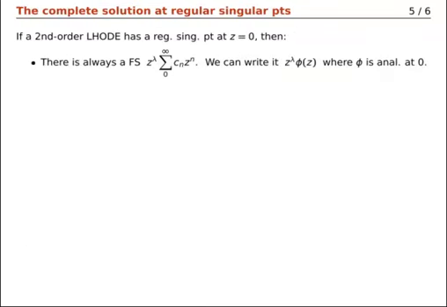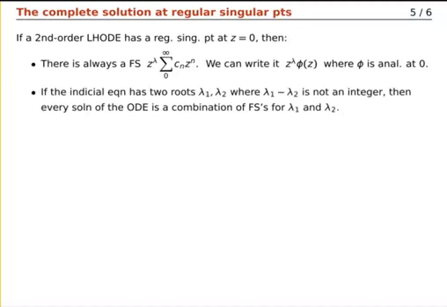So let's summarize where we've got to. If there is a regular singular point, then there is always a Frobenius solution, or we can write it in the form z to the lambda times an analytic function phi. Now, suppose the indicial equation has two roots, lambda 1 and lambda 2.